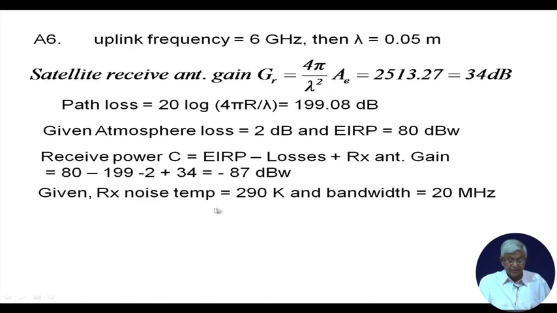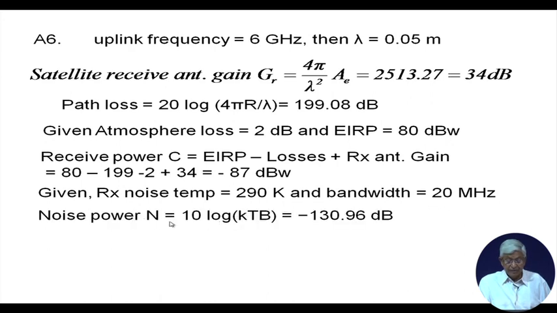For noise, the received noise temperature T is given as 290 K, bandwidth is given as 20 megahertz. In dB it will be 10 log KTB, and by putting the values of K, T and B, in this case you have to put the value of K as a ratio, you get minus 130.96 dB. You can break it and take K in dB, T in dB and B in dB, that also can be done. You will always get minus 130.96 dB.